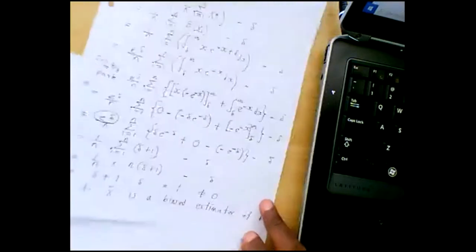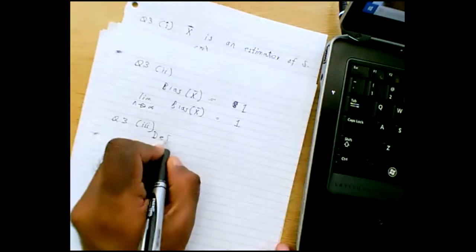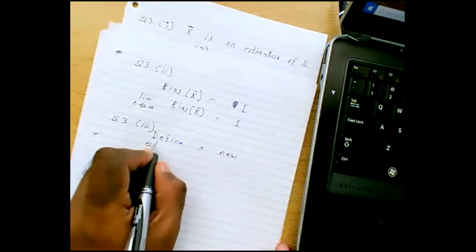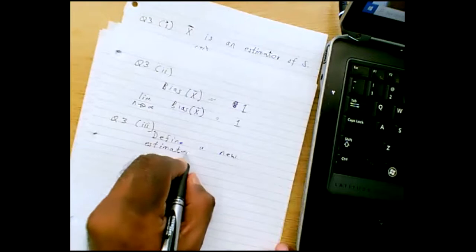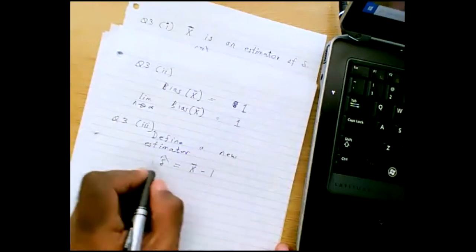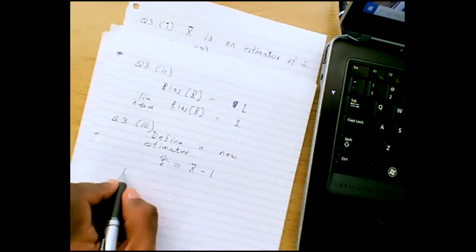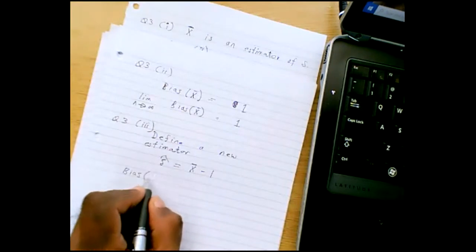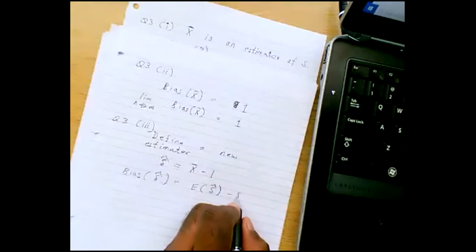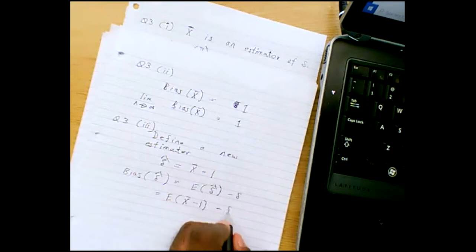All right, so to answer part 3, all you have to do is define a new estimator. Let's call it delta hat, which is x bar minus 1. Okay, and then the bias of delta hat will be the expectation of delta hat minus delta, which is the expectation of x bar minus 1 minus delta.